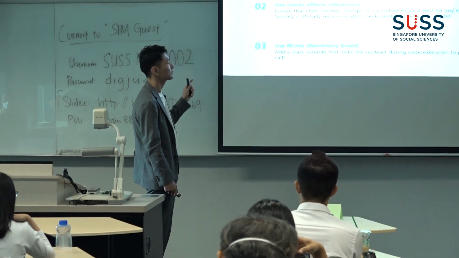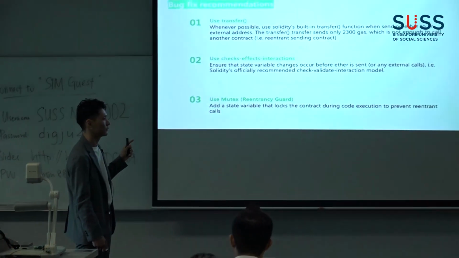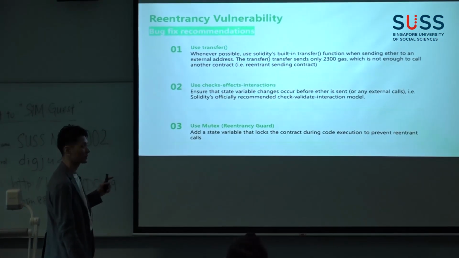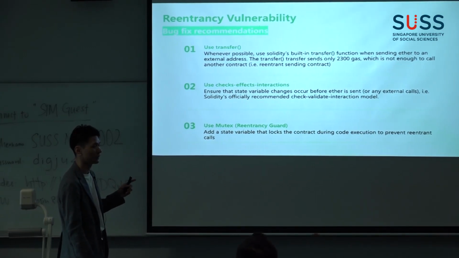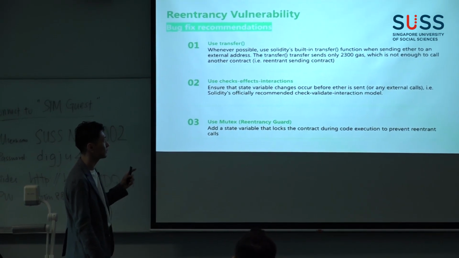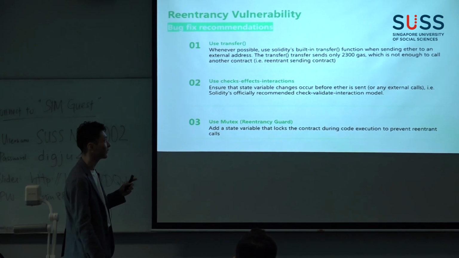There are 3 ways we can prevent reentrancy in this case. First, we can use transfer instead of call.value, because transfer only sends 2,300 gas, and that is not enough to call another contract. Second, we can use checks, effects, interactions.